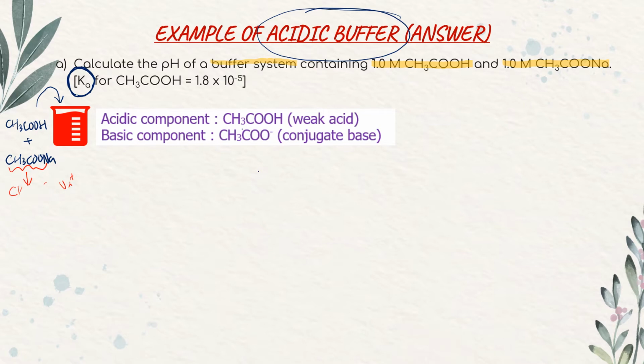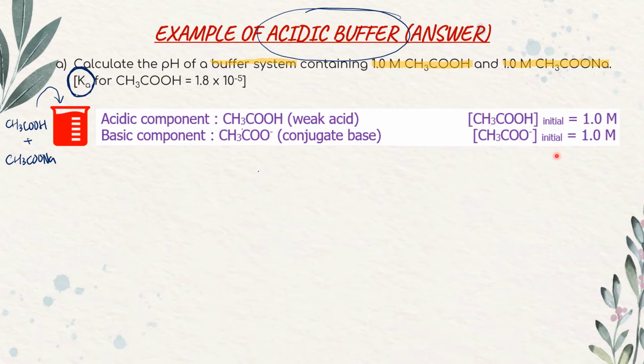Okay, now. So, saya akan keluarkan juga dekat sini information yang kita ada tadi. So, we have the initial concentration. Over here kita ada initial concentration of CH3COOH and initial concentration of CH3COO minus. Untuk initial concentration of the ethanoic acid, the concentration 1.0 dekat sini.